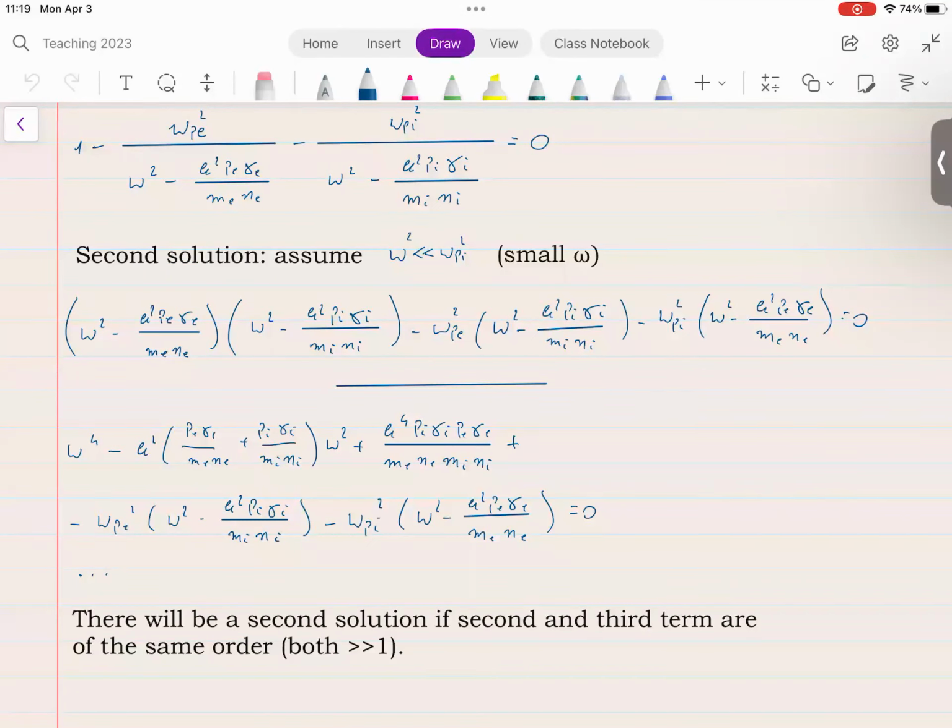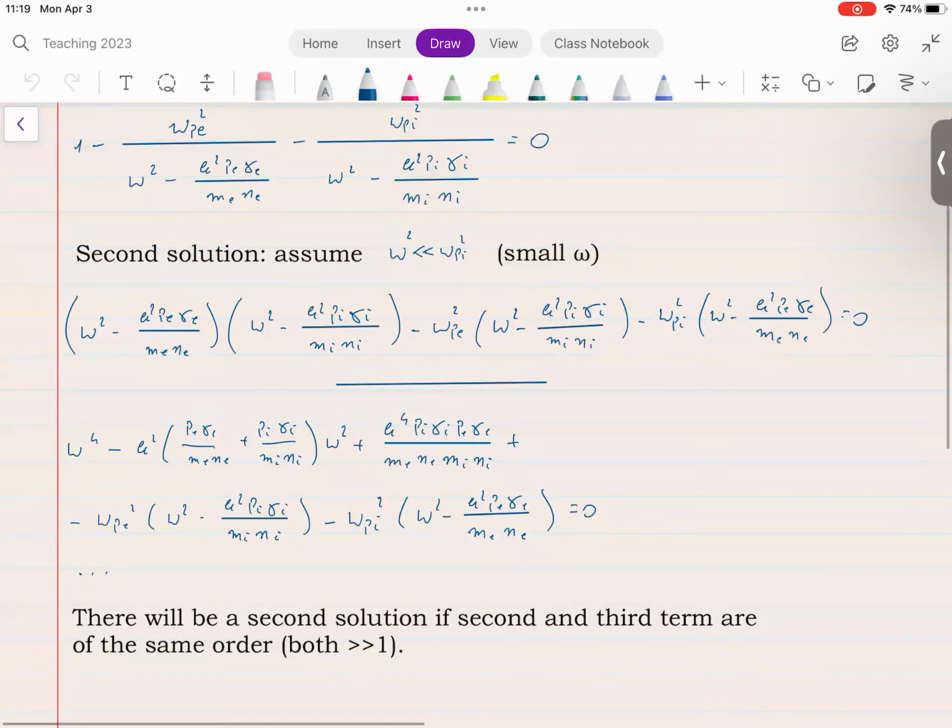That tells me that the term in the denominator of the second term is bigger than the one in the first term, so I can neglect omega squared with respect to the electron term, and I'm going to keep it with respect to the ion term. Otherwise, I'm not going to have any omega in my equation.